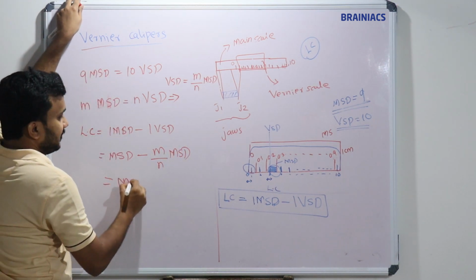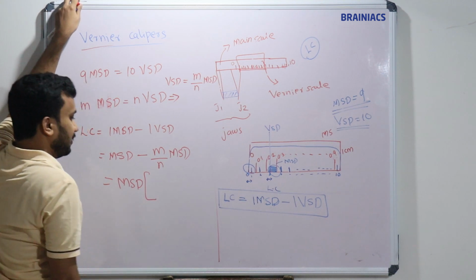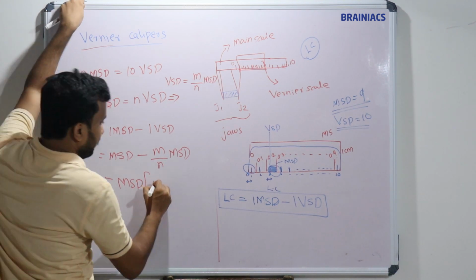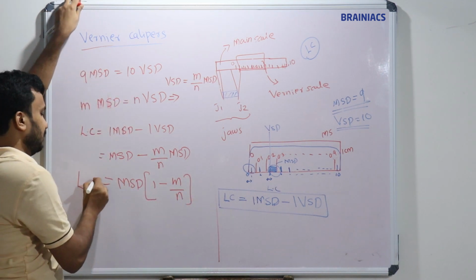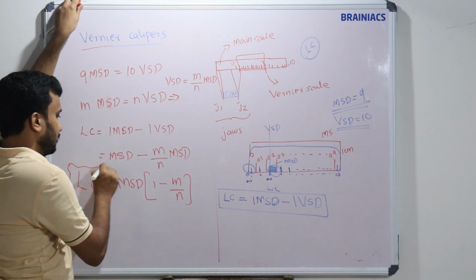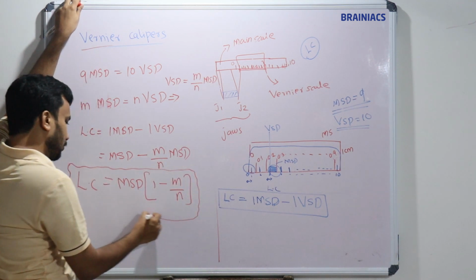So Mahendra Singh Dhoni will come out. Mahendra Singh Dhoni is now out after a century. 1 minus M by N. This is called the least count.